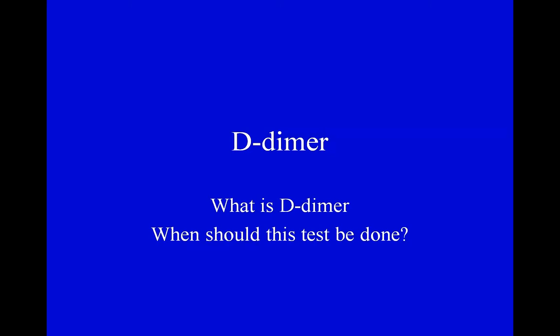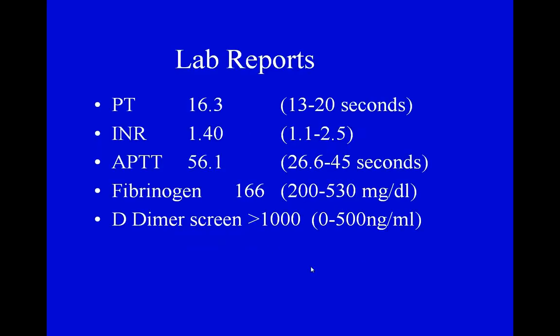If my leg's all hot and swollen and you're not quite sure if I formed a blood clot in it, but my D-dimer levels are elevated, it tells you this is a person that's probably really suspicious for forming and breaking down blood clots. If I've just had surgery, D-dimer is going to be worthless to you because my levels are going to be elevated just because of the surgery.